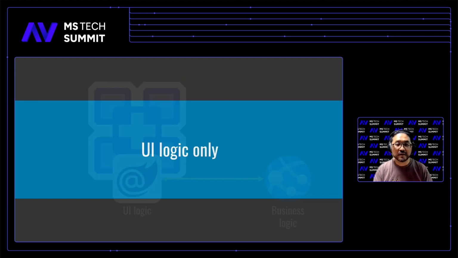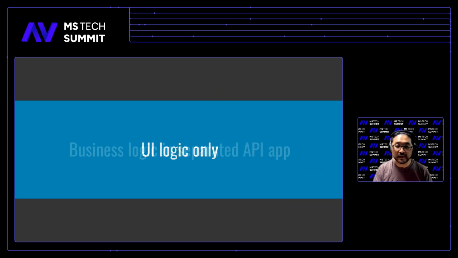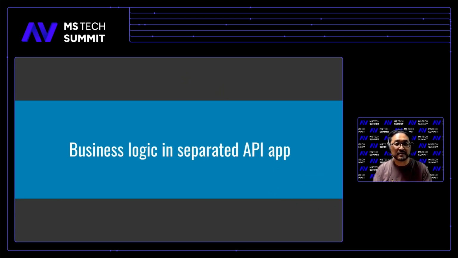As I said, Blazor Hybrid with MAUI only takes care of UI logic, right? And business logic is separated within the external backend API. So this is Blazor Hybrid with MAUI.